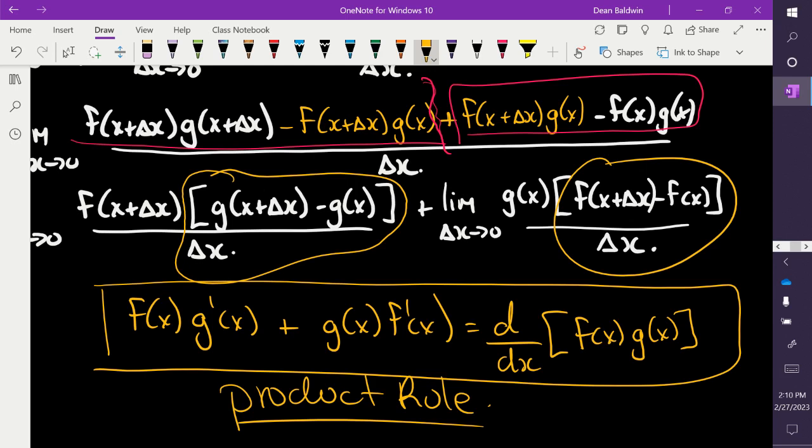The derivative of two functions being multiplied together is the derivative of the first function times the other function, plus the derivative of the other function times the first function. So the product rule takes a simple expression and makes it a little bit bigger, but in the long run, it's actually easier to deal with.